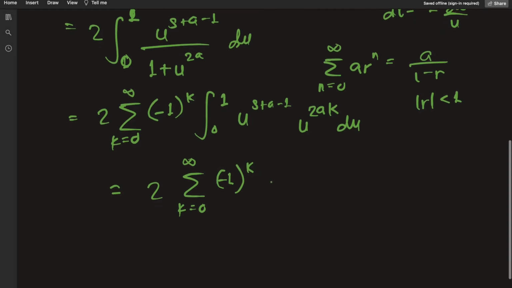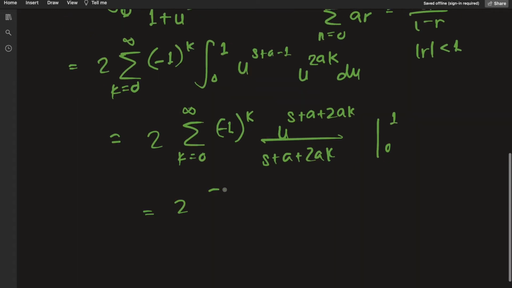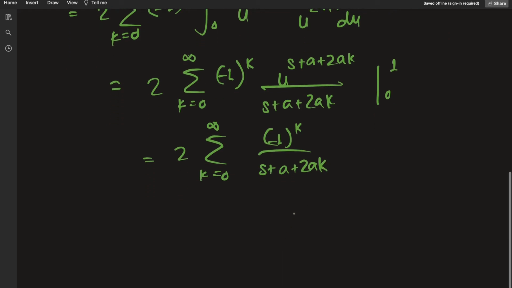Now we can evaluate this antiderivative. This will just become u raised to s plus a plus 2ak over s plus a plus 2ak from 0 to 1, so that automatically becomes minus 1 to the k over s plus a plus 2ak.